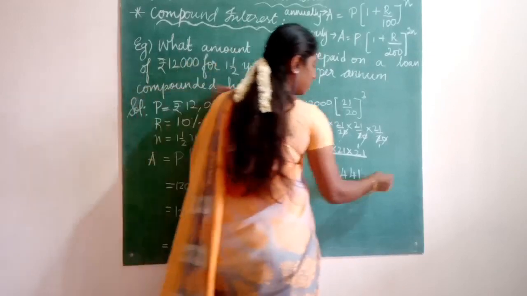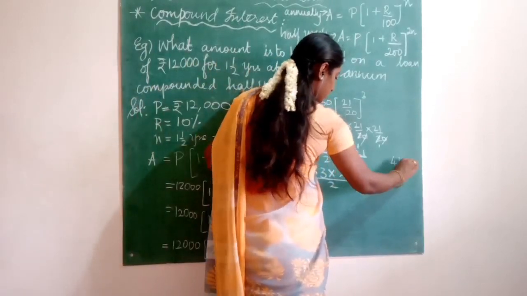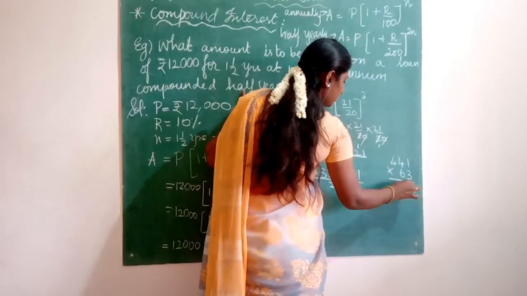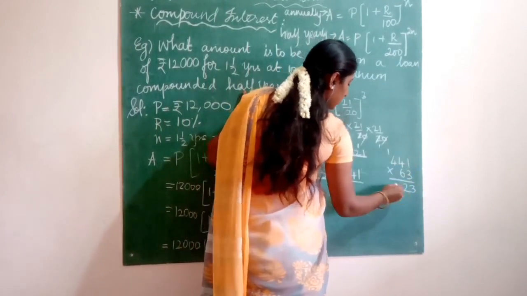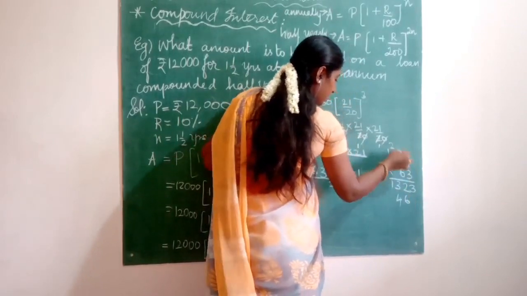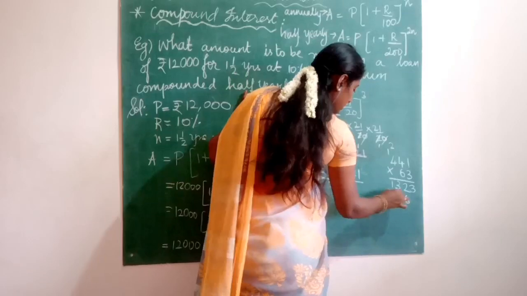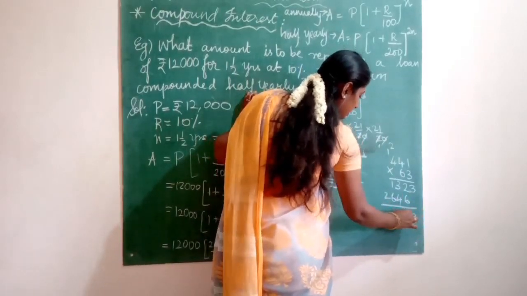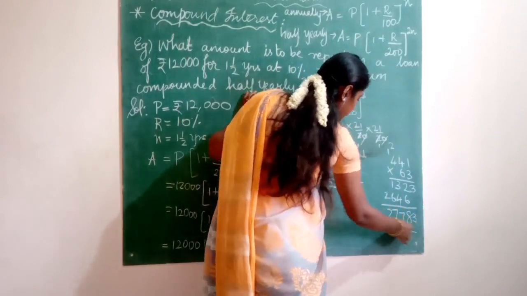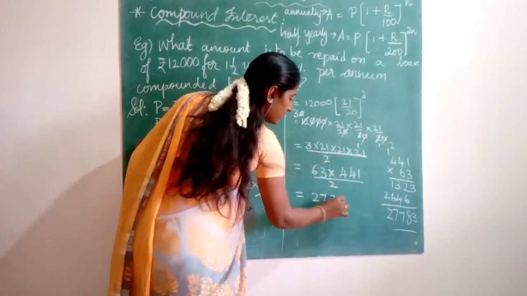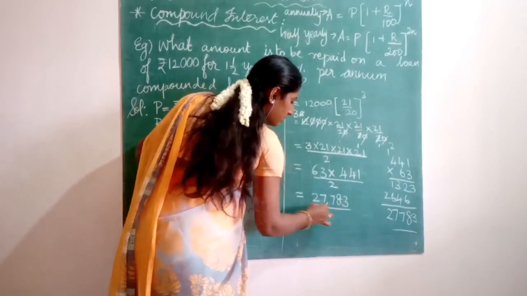So find out 441 into 63. 3 ones are 3, 3 4s are 12, 12 plus 1, 13. 6 ones are 6, 6 4s are 24, 24 plus 2, 26. So 3, 8, 7, 7, 2. That is 27,783 divided by 2.